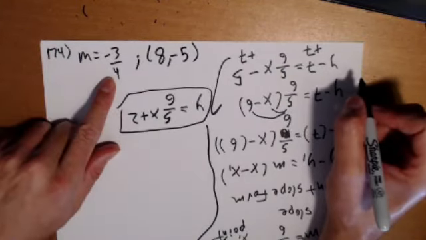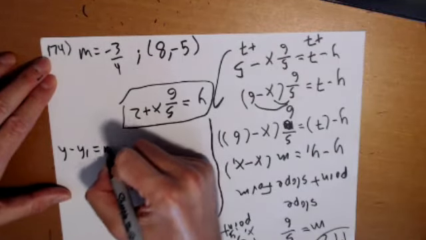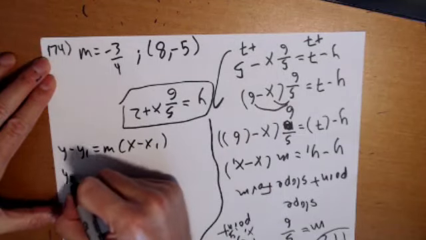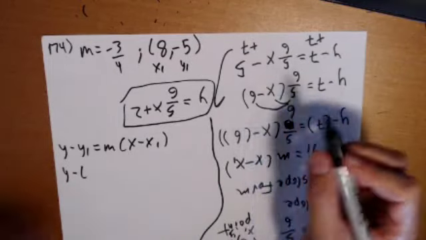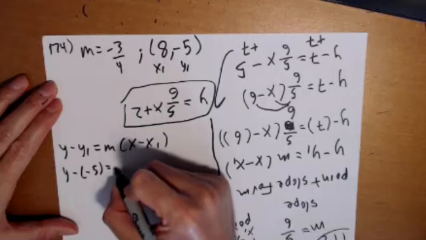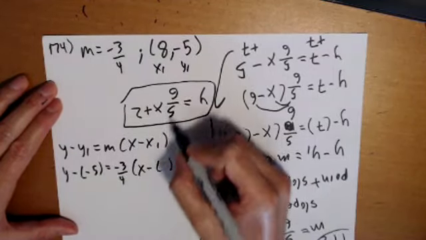Y minus y1 equals m times x minus x1. So that's my x1 and my y1. Y minus negative 5 is equal to m, negative 3/4, times x minus, the x1 was 8.